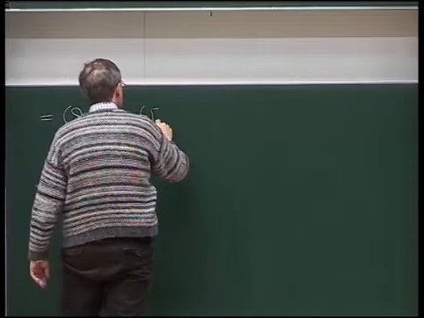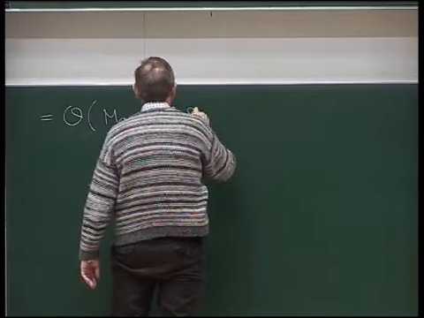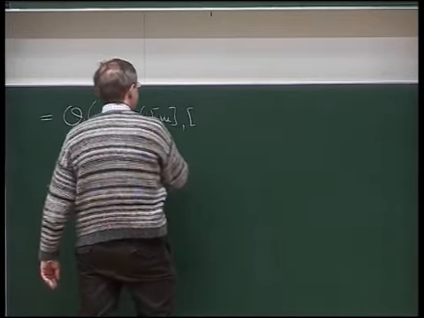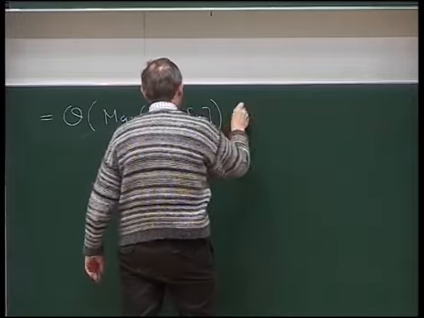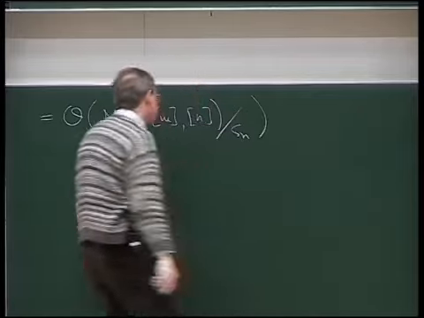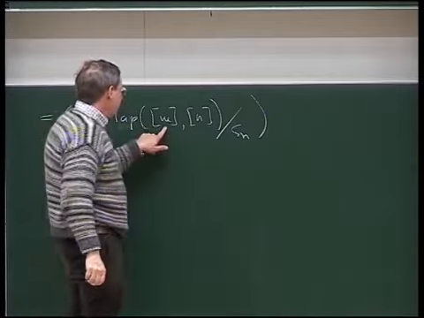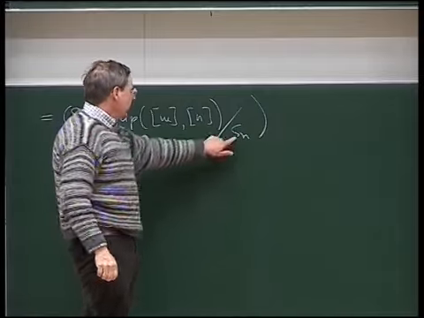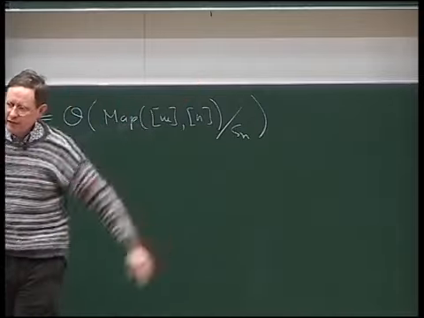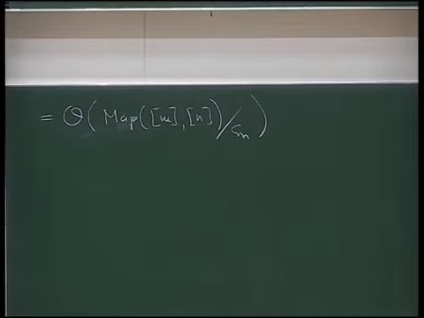More precisely, maps modulo Sn. What you're doing is you're taking maps from m points to n points, but you are allowed to permute the target.